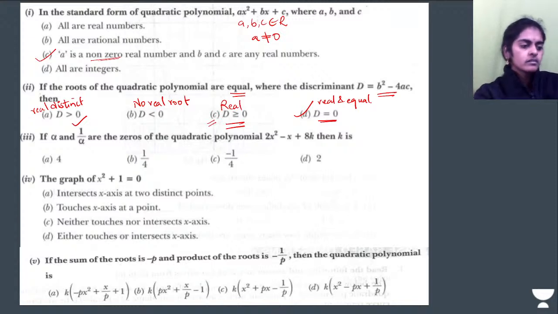So next one देखो. The next one, if alpha and 1 by alpha are the zeros of the quadratic polynomial 2x square minus x plus 8k, then what is the value of k?